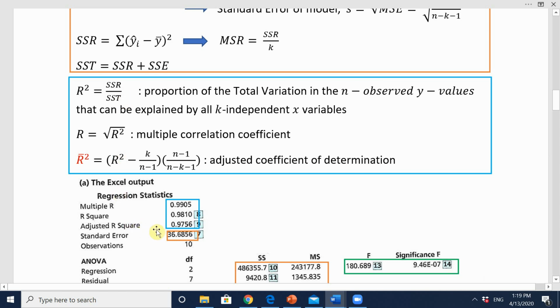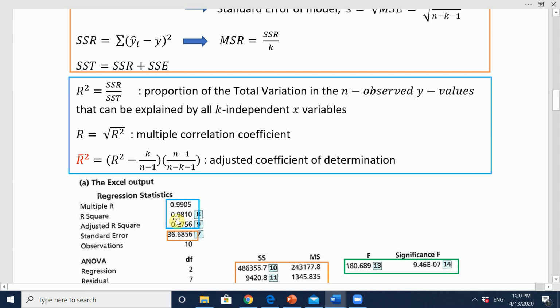And then you've got the adjusted R square, which is the result of subtracting this fraction and then multiplying by this coefficient. And you can see here how the adjusted R square is always less than your R square, right? So it's always less than or equal to, but never greater.